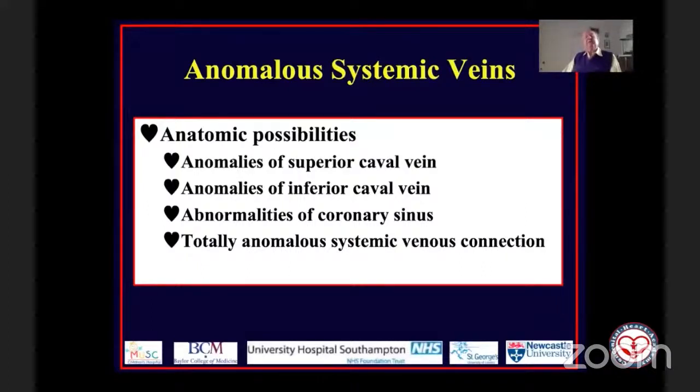And I'm going to end today's presentation by sharing with you a view of a heart which has totally anomalous systemic venous connection. And this is the first one I've ever seen. We're also going to discuss this very unusual entity that is called the levoatrial cardinal vein.